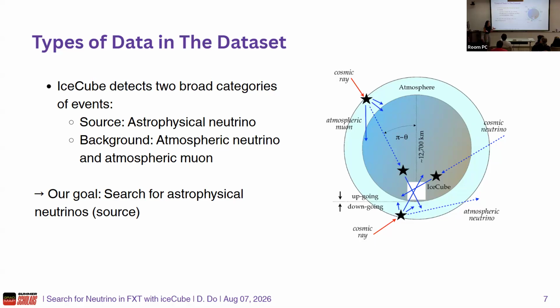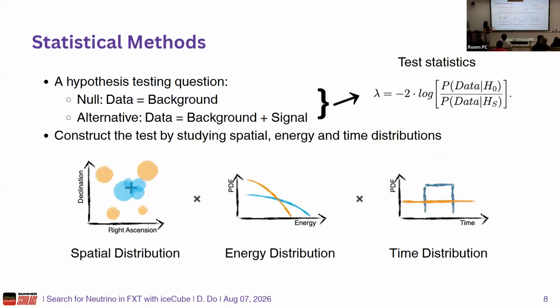So where are we going to search for them? First of all, we'll talk about how we can see if our data set contains entirely background data, or if it's better explained by having both background and source in it.